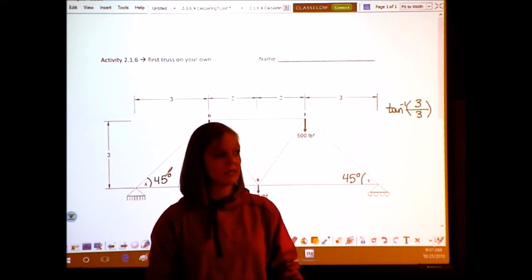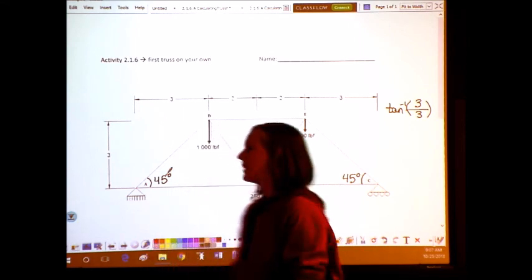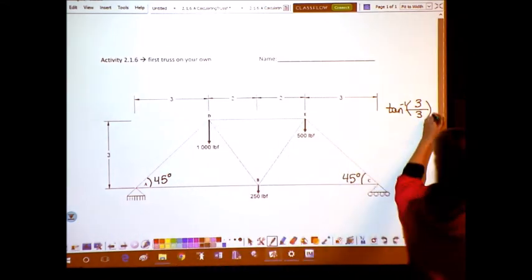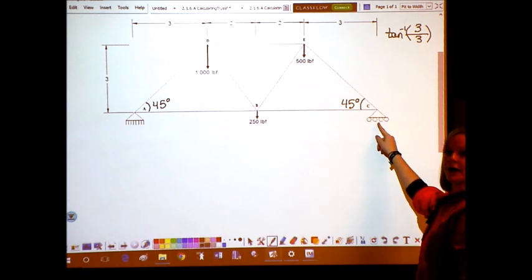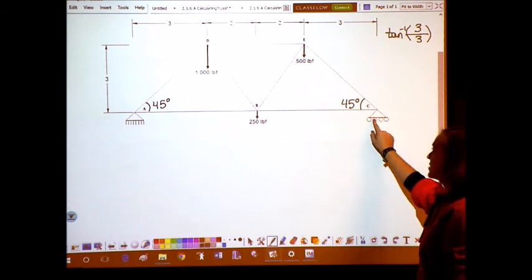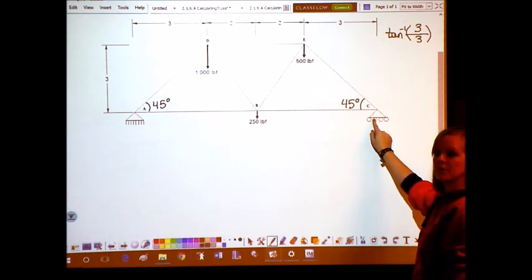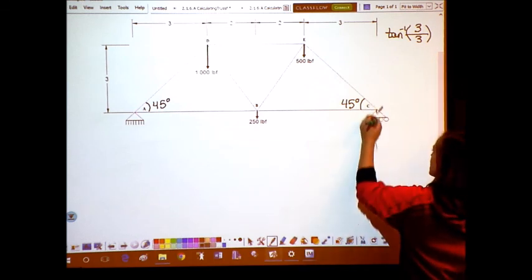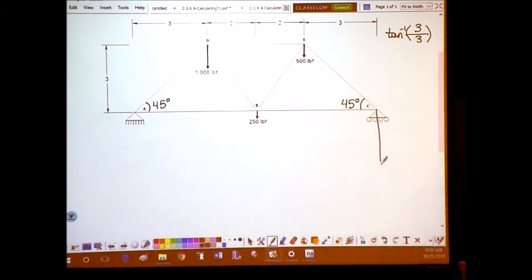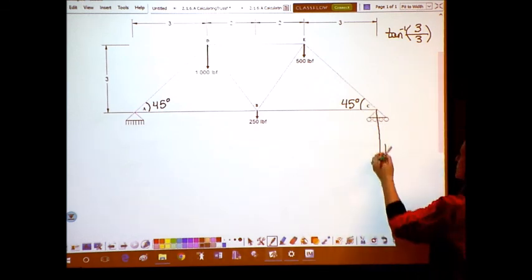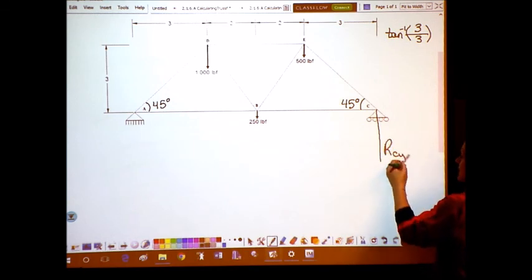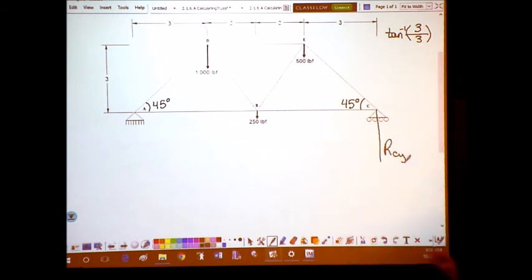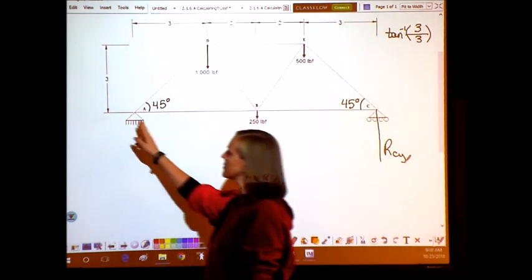All right, my dears. We need some reactions. This is a ruler. How will its reaction be? Up and down. Will it also be left and right? No. Okay, I want you to write it as reaction of C in the Y direction. Here's your pin.